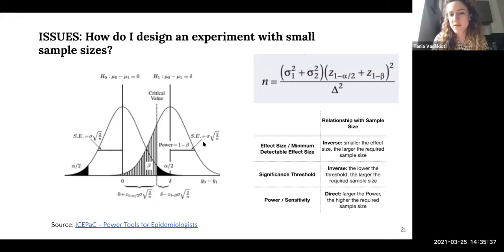So all of this can be condensed into different formulas. For example, on the right, in the case of a two-sided t-test, so for normal distributions, we could say that the number of samples that we require is dependent on the variance of the difference of the two samples, the alphas that we set and the beta, so false positive rate, false negative rate, and the effect size that we care for.